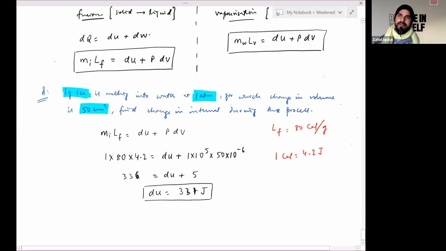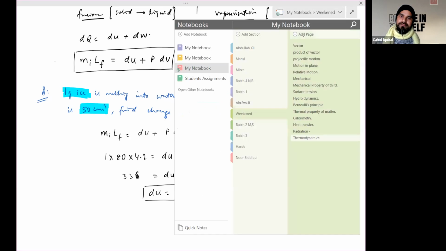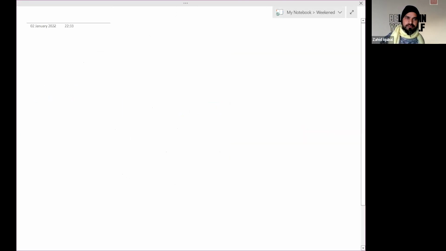This is all about the isothermal process. Next is adiabatic. The process which is carried out at constant heat is called the adiabatic process, and there is no specific name for this other process.